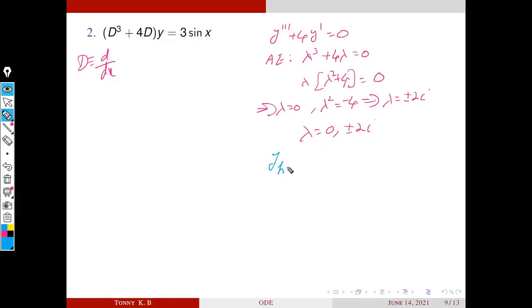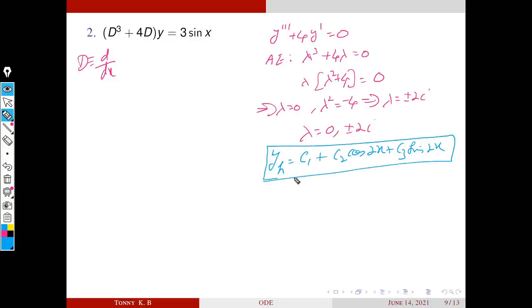The solution yh is equal to C1 e raised to 0x, that is C1, plus e raised to alpha x, where alpha is 0, so that part is 1, into C2 cos 2x plus C3 sin 2x. So this is our yh.